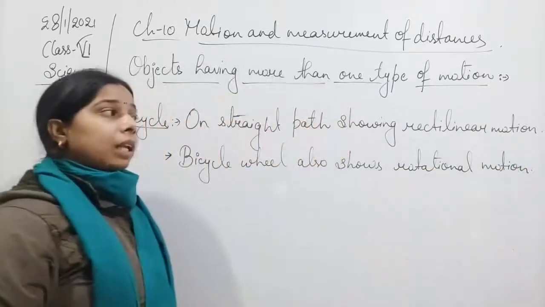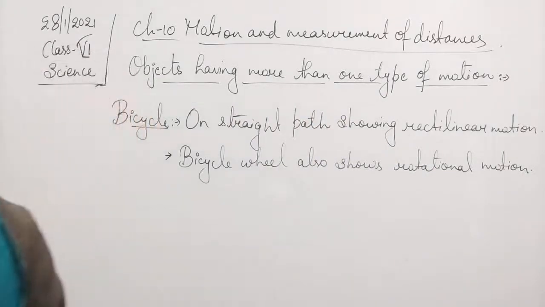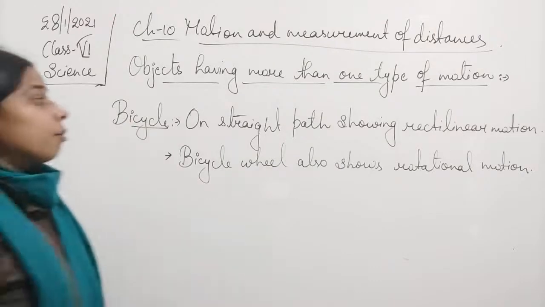So, the two different kinds of motion shown by the bicycle are rotational and rectilinear motion.